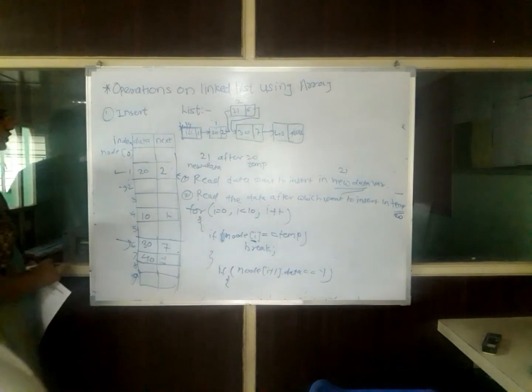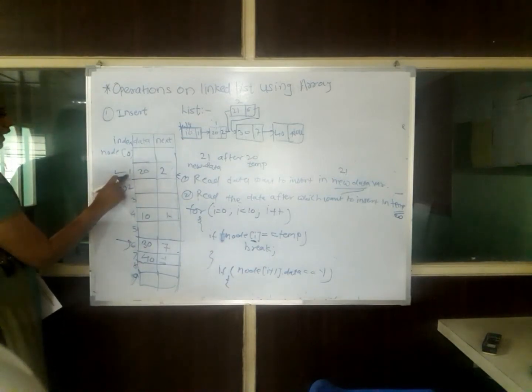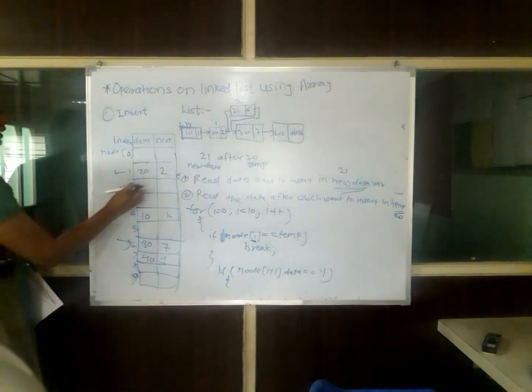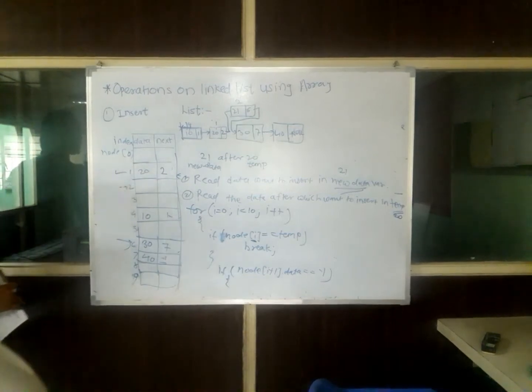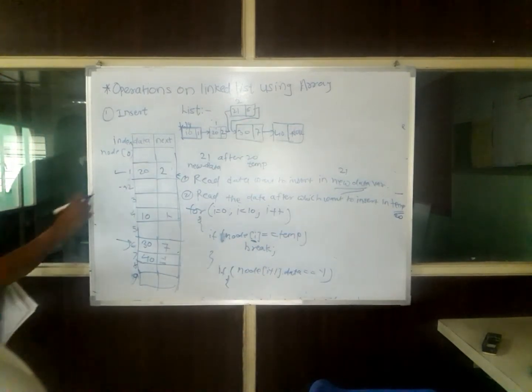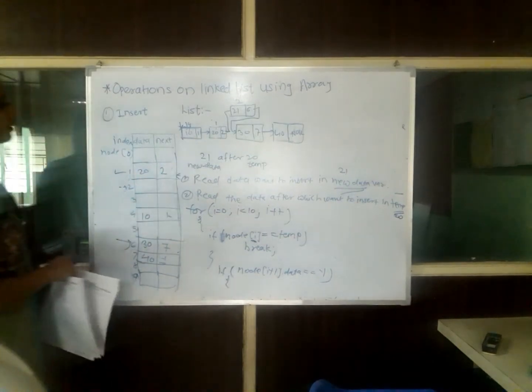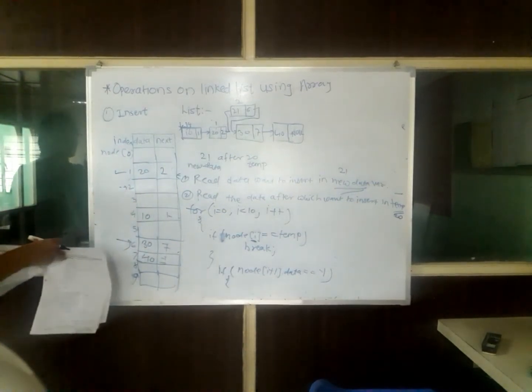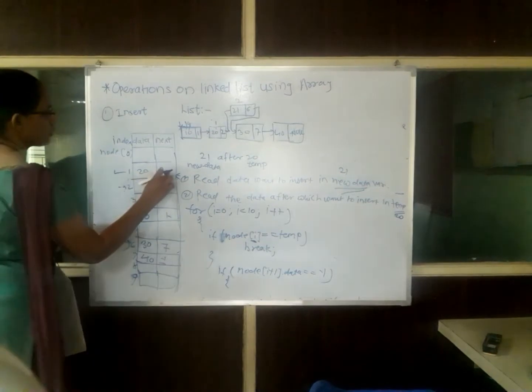Here this is the situation. i is 1, i plus 1 means 2. If this part is blank, we have to put the new data in that. But before that, we need to change this location.